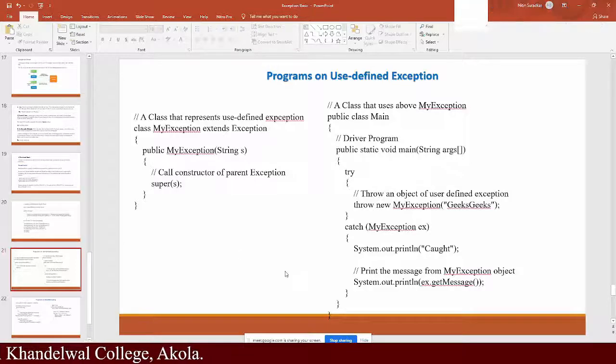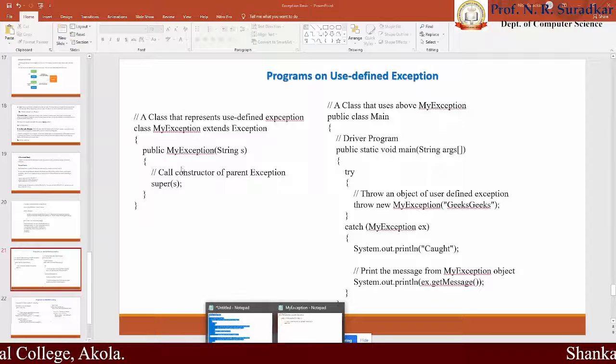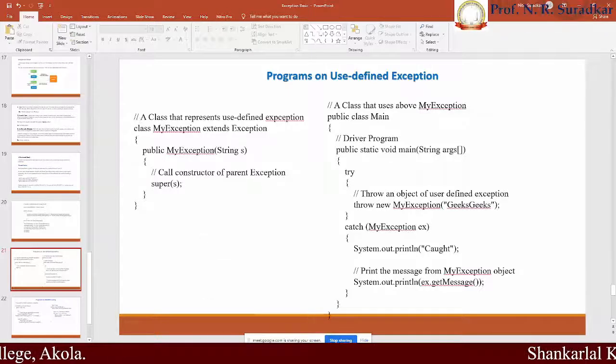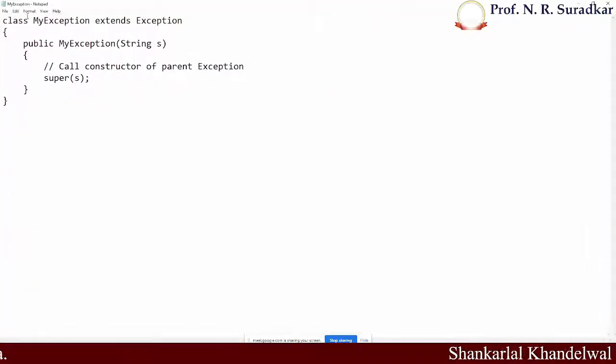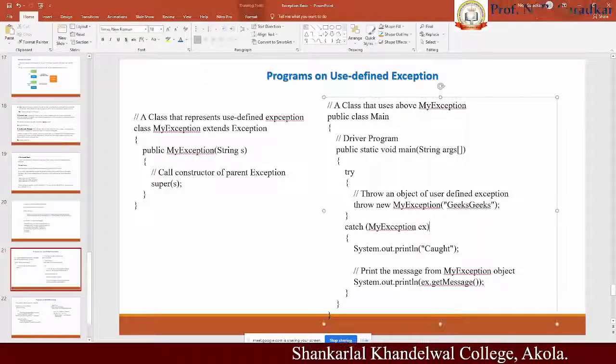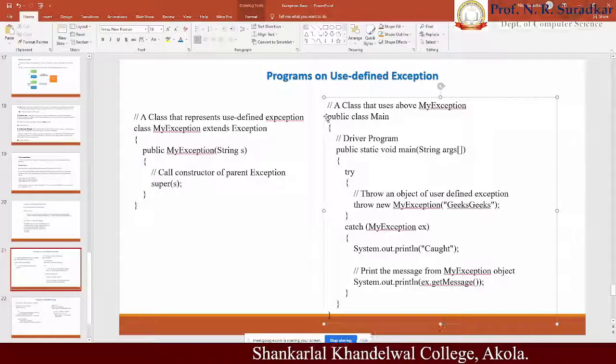Okay, the same thing I asked you in the first lecture. Firstly, what we did, we copy this content from here, paste it into our Notepad editor, and in this Notepad editor we save the program with the name MyException.java. Okay, the next part of the program is available here. Same procedure we have to follow.